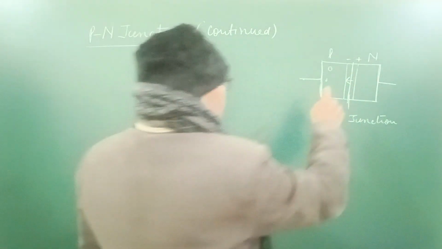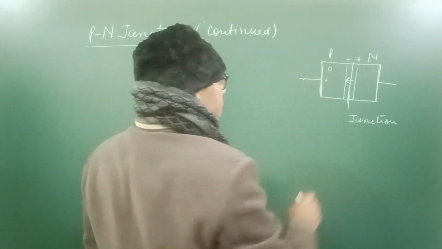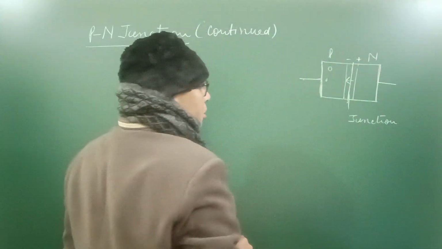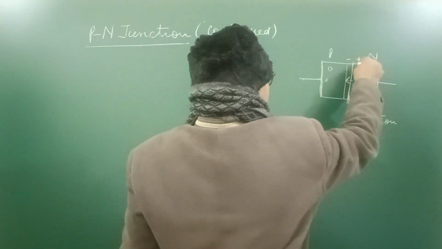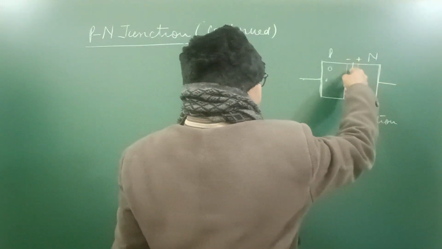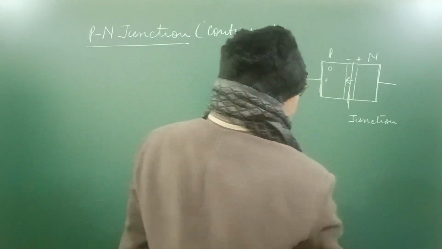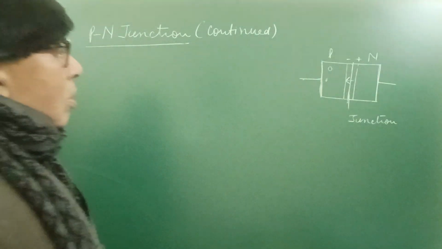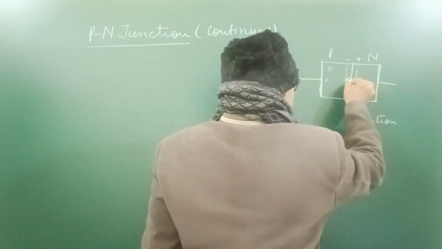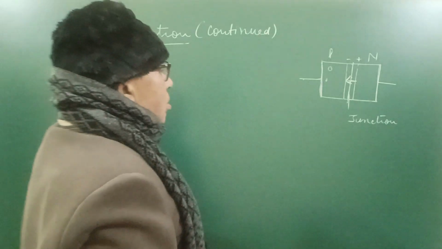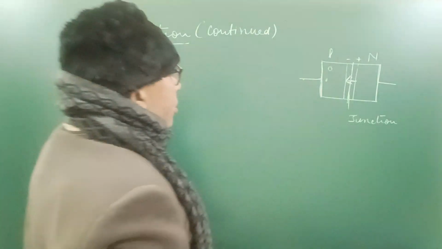The diffusion of electrons and holes creates a net positive charge and negative charge in the depletion layer, positive charge on the N side, negative charge on the P side, and this creates an electric field. This electric field is very large.